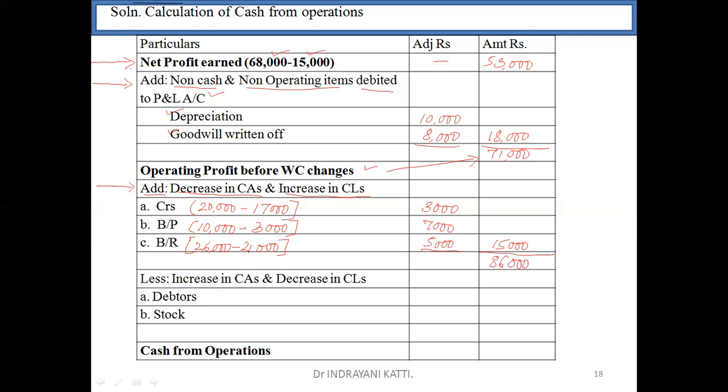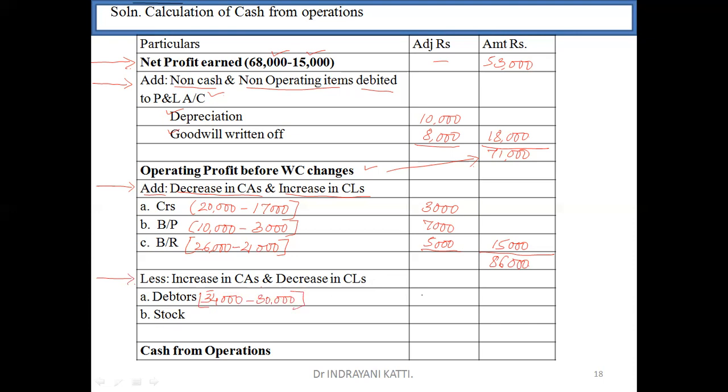Next step is, in this 86,000, we need to deduct some items. What are those? Less increase in current assets and decrease in current liabilities. The current assets are increased. Current liabilities are not decreased. There is no item in the current liability as decreased. Only current assets increased items are available in the problem. How much increase? 34,000 minus 30,000. First year debtors were 30,000, second year it has become 34,000.